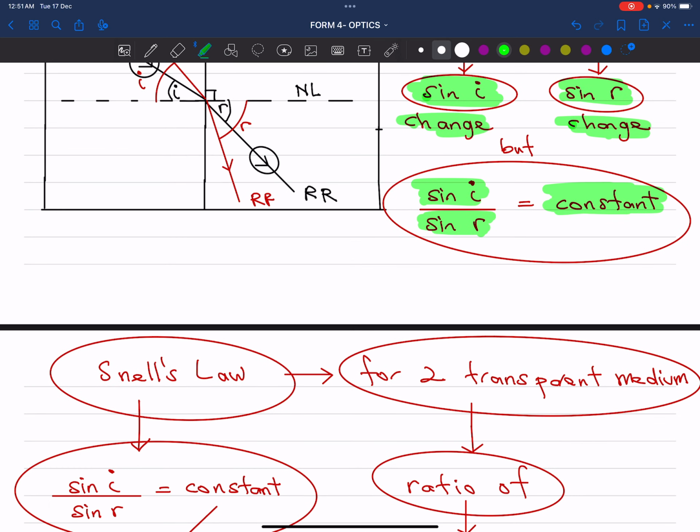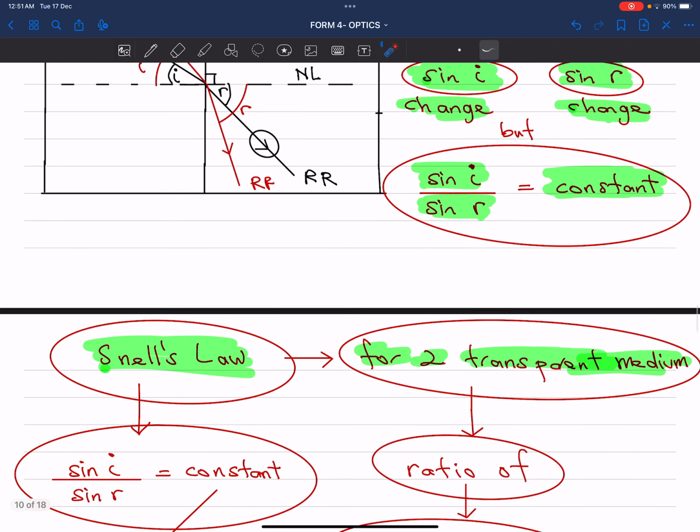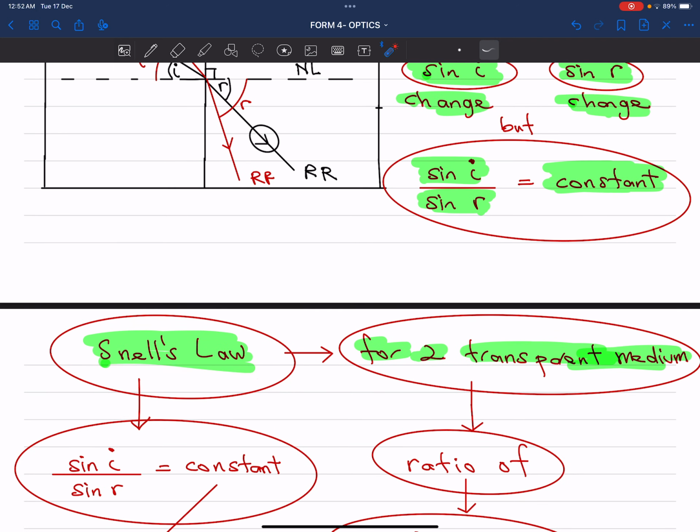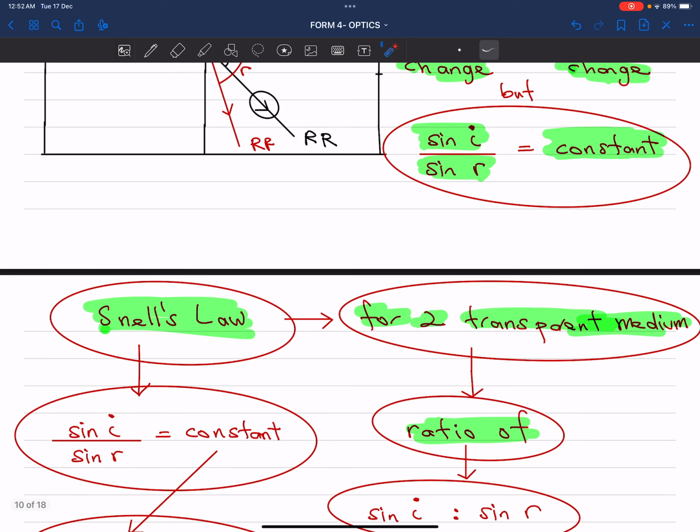So now we look at Snell's law. Snell's law states that for two transparent media, transparent means light can go through, the ratio means divide, because here sine I divide by sine R. We know from our lower secondary, A ratio B is actually A over B. So when I divide A over B, it is actually a ratio.